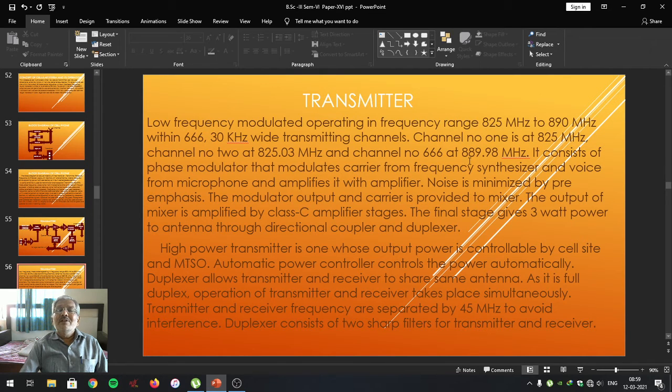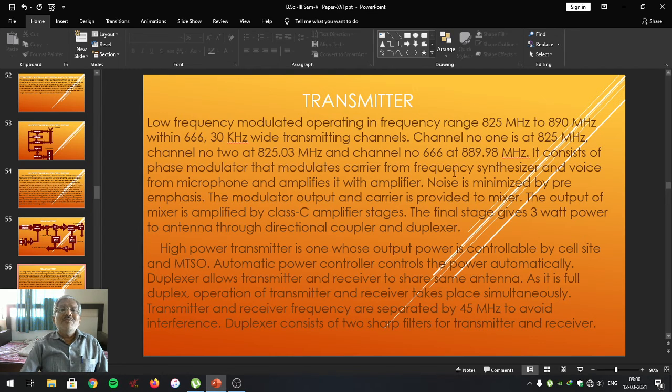That means if, suppose, channel number 1 is at 825 MHz, channel number 2 has a transmitting frequency of 825.03 MHz. In this way, the last channel, that is channel 666, is operating at a frequency of 889.98 MHz. Dear students, please remember this particular concept, it may be asked in objective type questions.